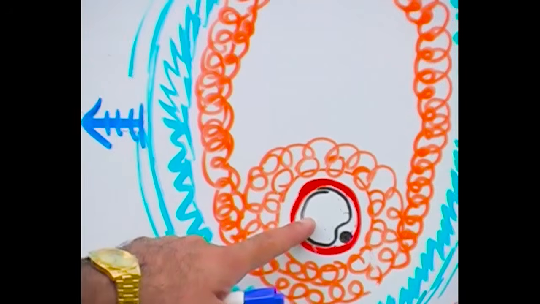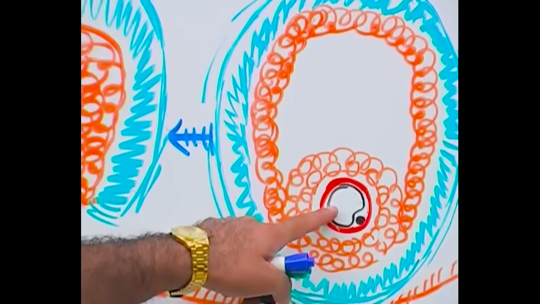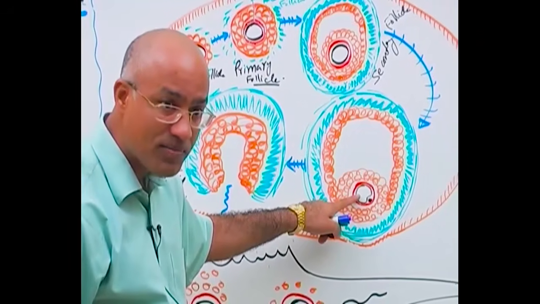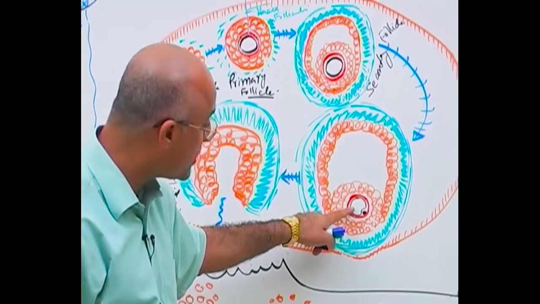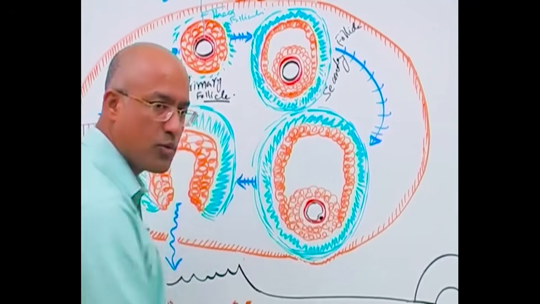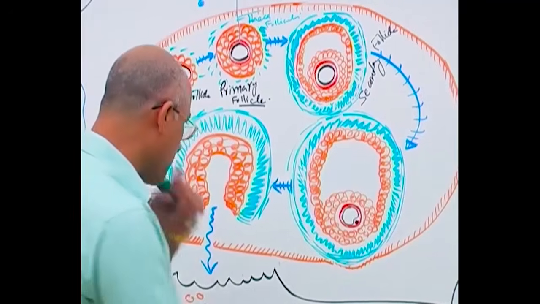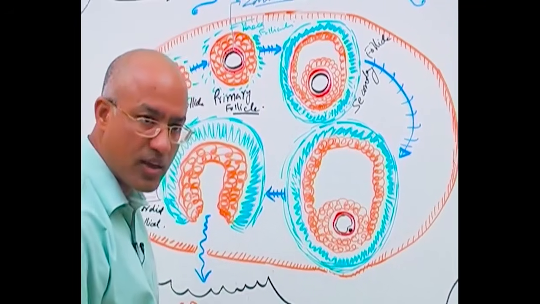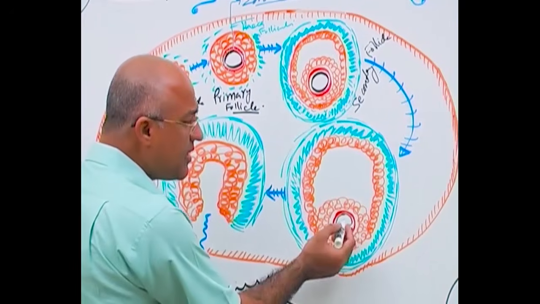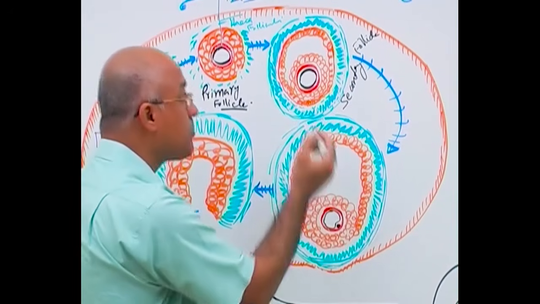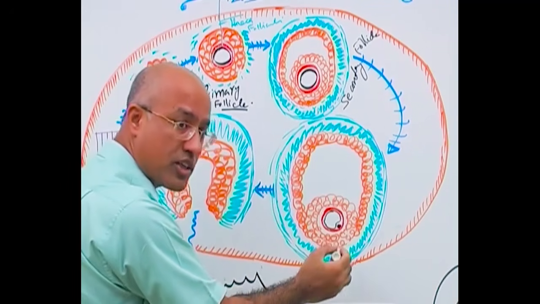So the secondary oocyte is formed by the completion of the first meiotic division and extrusion of the first polar body. The first polar body lies between the zona pellucida and the secondary oocyte. Now, when primary oocyte goes to secondary oocyte, it has completed its first meiotic division.